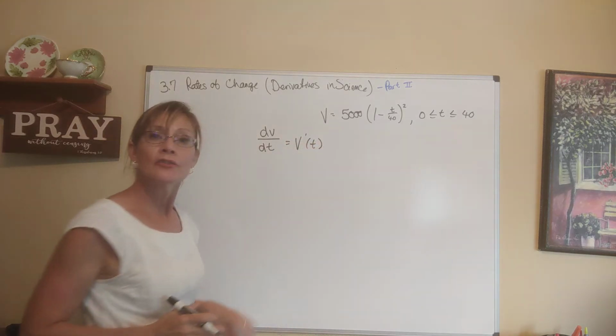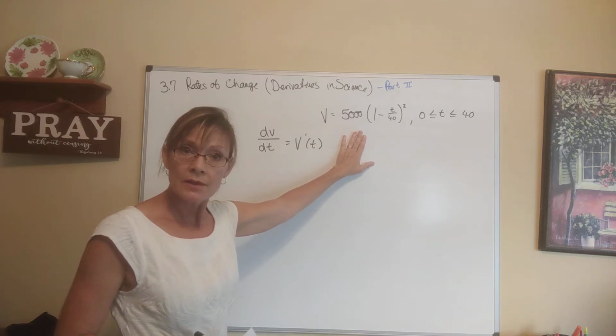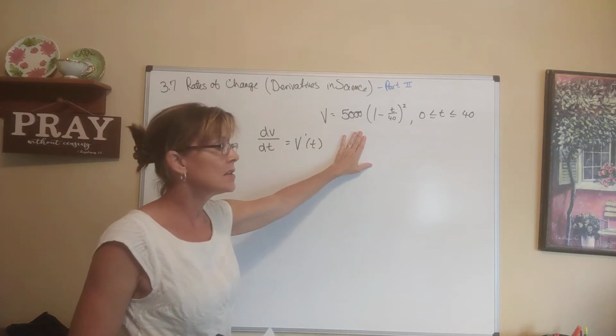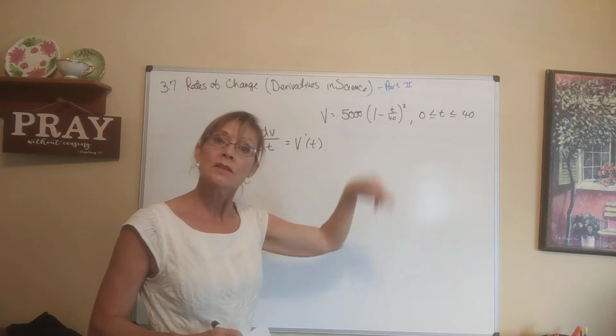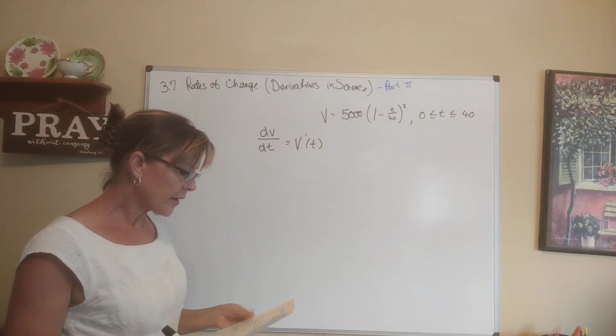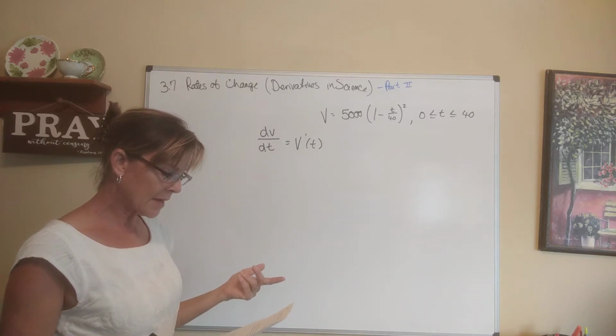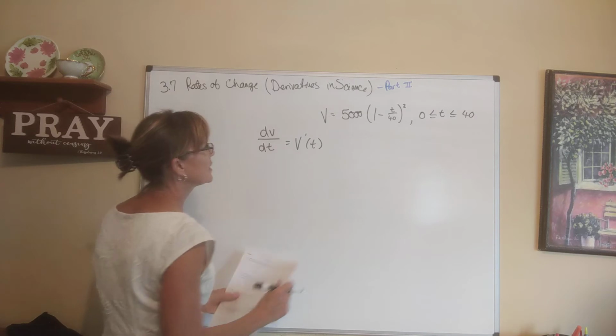That's what we're trying to find, so we have to take the derivative of volume. Again, this section is rates of change in sciences, so this is an application of a derivative. So first let's find V prime of t.